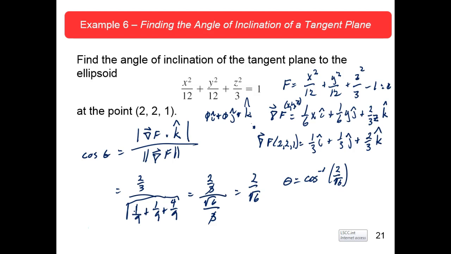Wait a minute, they say the square root of 2/3. Is that the same? If you multiply the numerator and the denominator, this is root 2 times root 2 over root 2 times root 3. Yeah, that's the same thing. Inverse cosine of 2 over root 6.